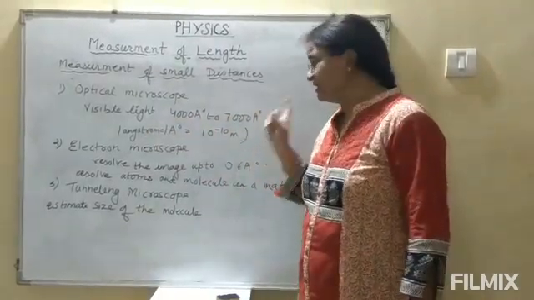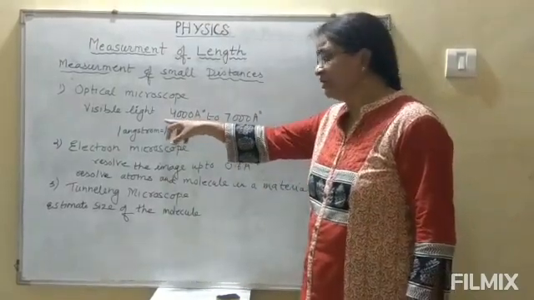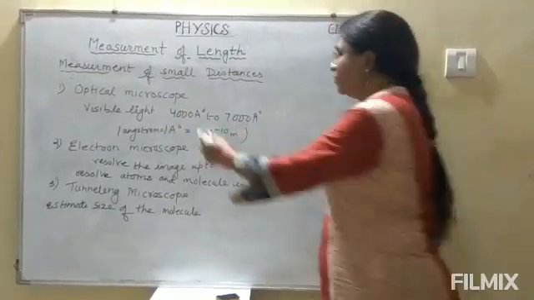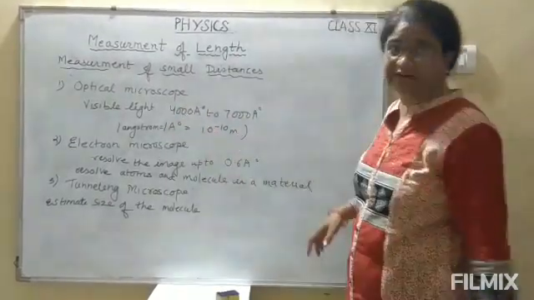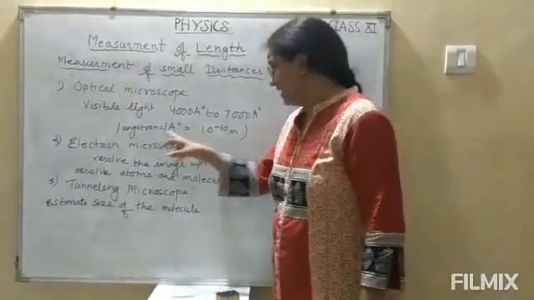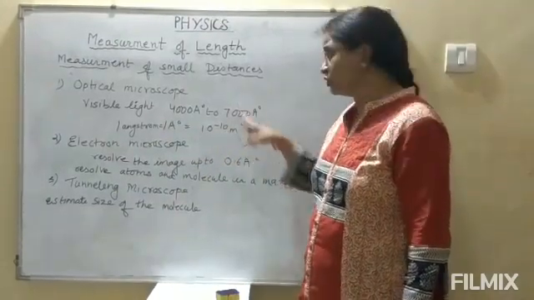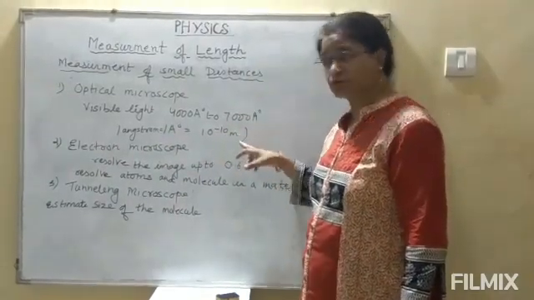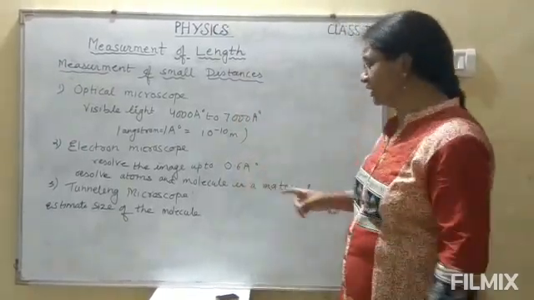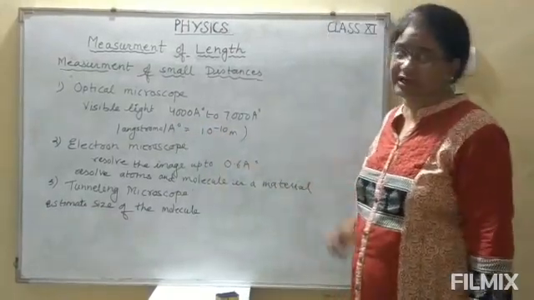The wavelength of visible light, from violet to red, is 4000 angstrom to 7000 angstrom, and 1 angstrom is equal to 10 raised to power minus 10 meter. So through the optical microscope, we can resolve the image of an object up to 4000 to 7000 angstrom.